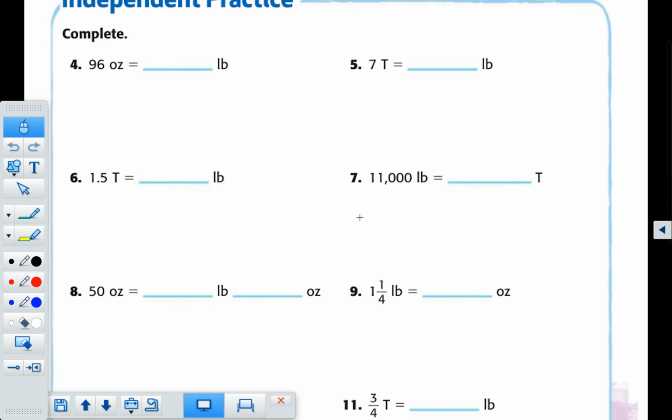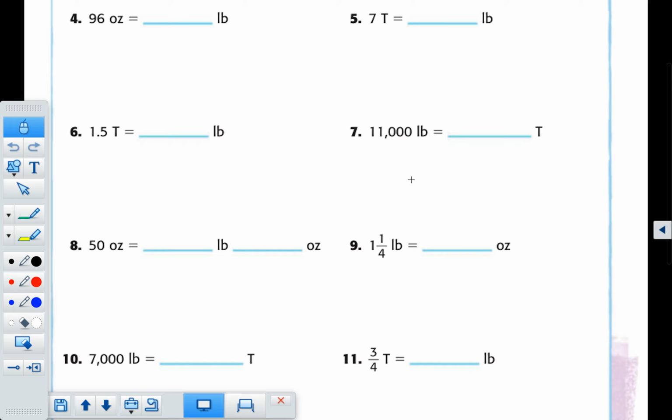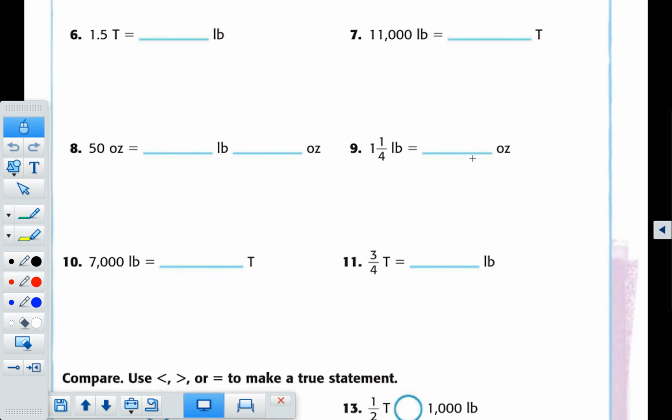Let's look at number 7. Number 7 is 11,000 pounds to tons. Notice I'm going from a smaller unit to a larger unit here. When I'm going from a smaller unit to a larger unit, I have to divide. So in this problem, I multiplied, but now in this problem, I'm going to divide. So 11,000 divided by 2,000 is going to give me my answer. Okay.